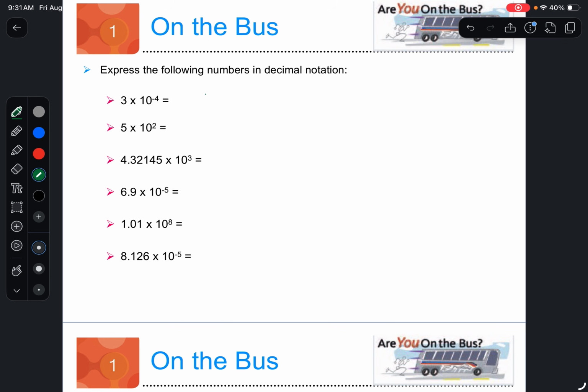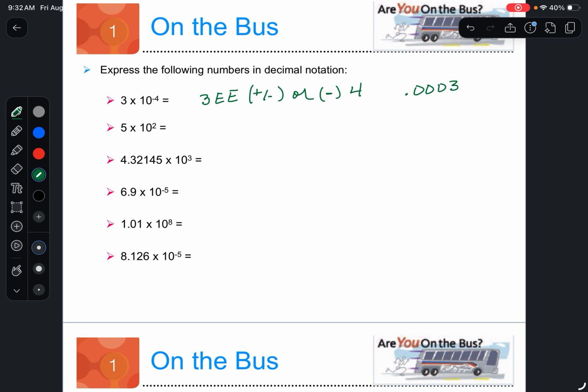So remember, this would be inputted as 3 EE, and then you should have a plus minus button on your calculator, or maybe just a minus button at the bottom of your calculator, depending what type you have. Then you enter 4.